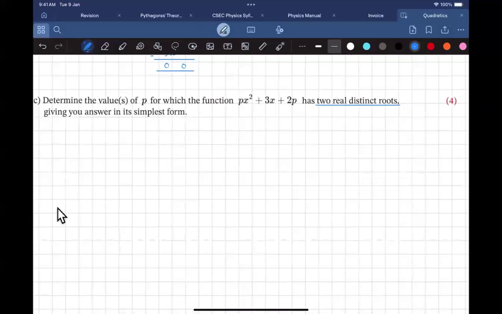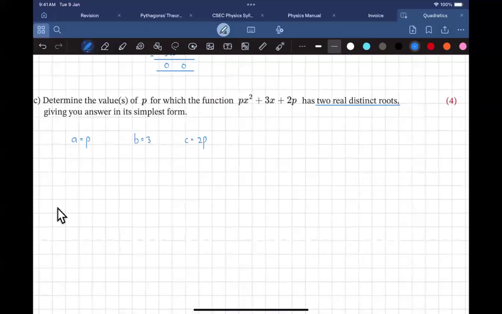So in this question, I want to pull out what a, b, and c are. a is equal to p, b is equal to 3, and c is equal to 2p.